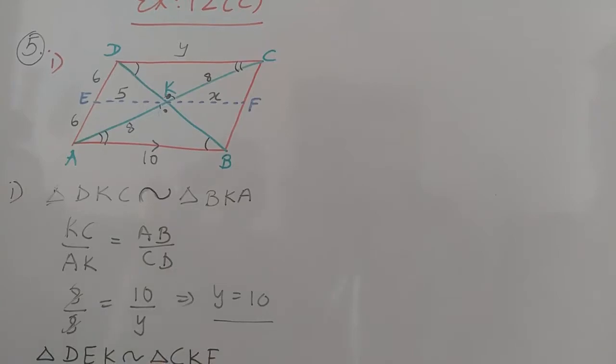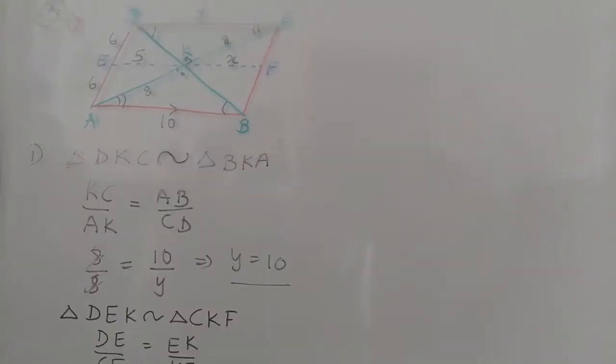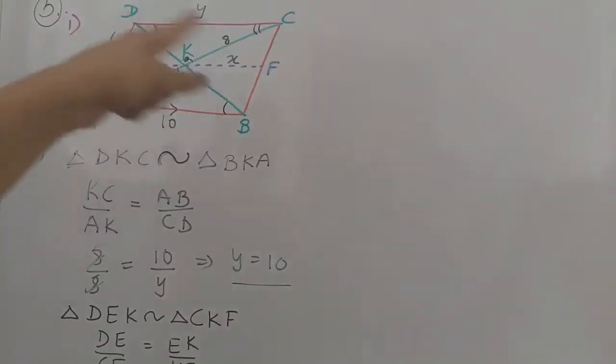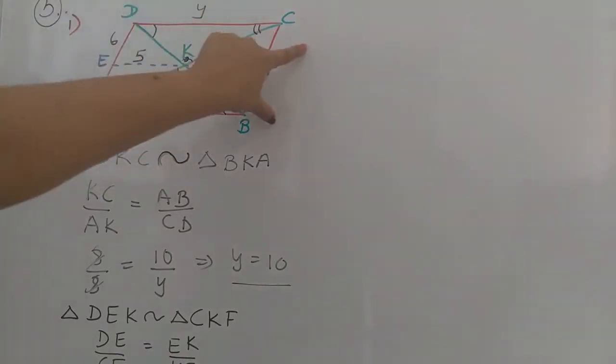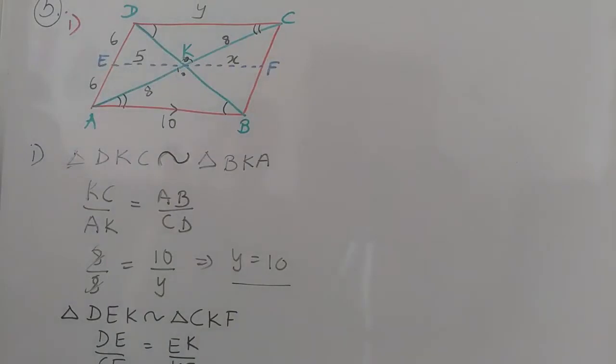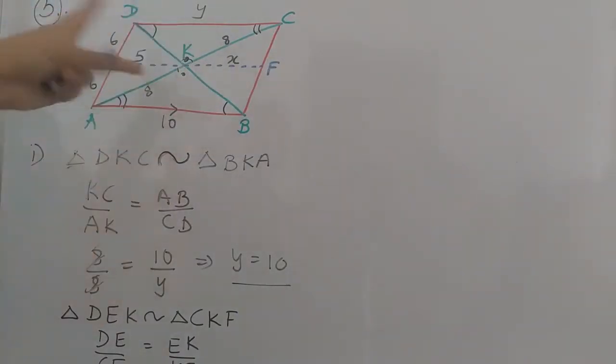Then for the x value, I have taken triangle DKA, the smaller one, which is similar to CKF, this way. Why like this? Because now it is confirmed that this figure is a parallelogram. So if this is 6 and 6, 12, this is also 6 and 6, 12, we can write. Also we have shown these two triangles similar, and so these two are also similar to each other.